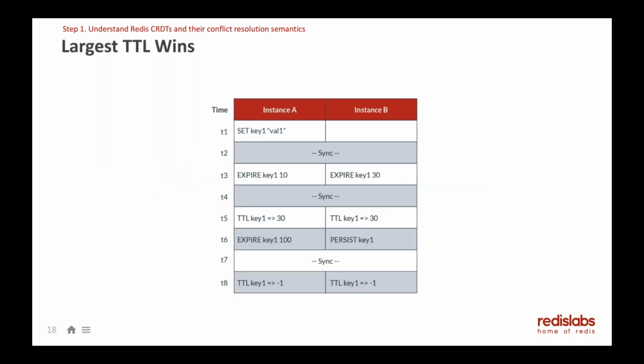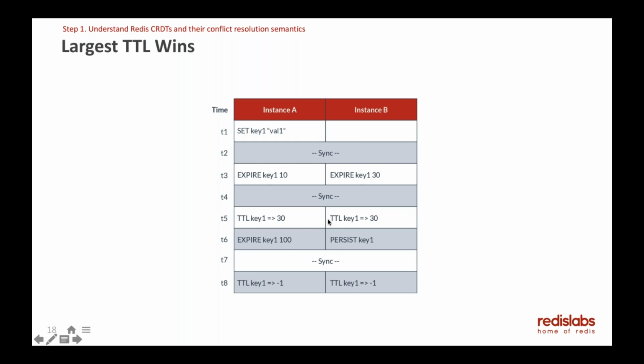Another question we constantly get is, what about the time to live? Redis has this unique feature where you can expire the keys. For example, here in this case, key 1, you are setting the expiration in 10 seconds at instance A, and you are setting it to 30 seconds at instance B. When the 2 replicas sync, the largest time wins.